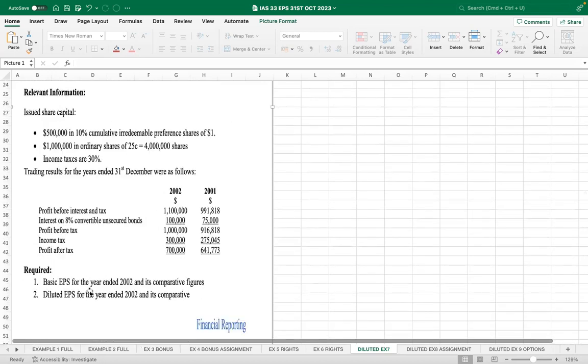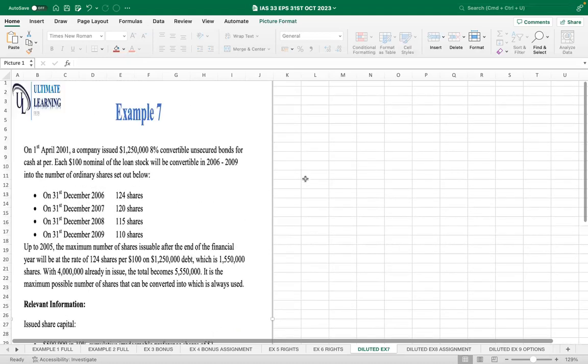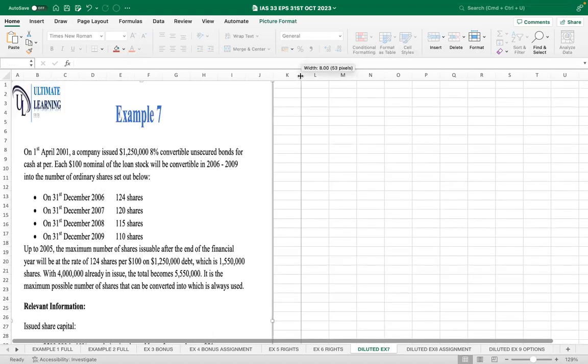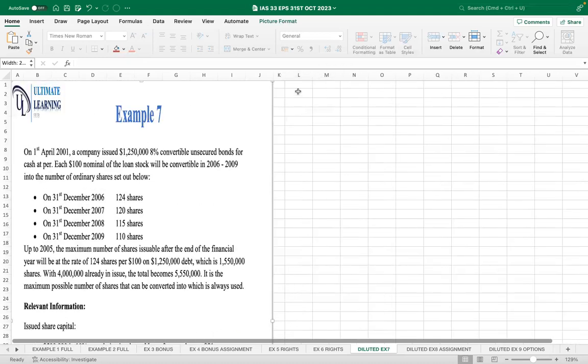Required was: calculate the basic EPS, and number two, calculate the diluted EPS for the year 2002 and its comparative figure. Remember, this is an example of convertible bonds and preference shares.